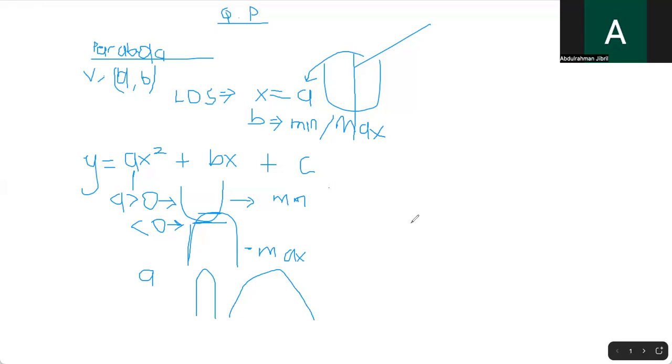Okay. So let's say you have 4x squared. I don't want to waste time, so let's just focus on here. The graph of this 4x squared, let's say, is something like this.